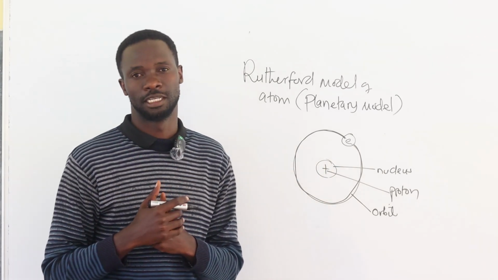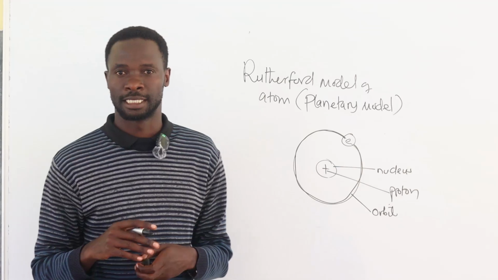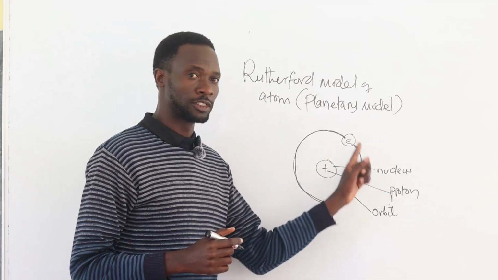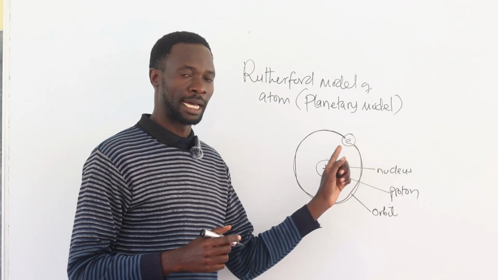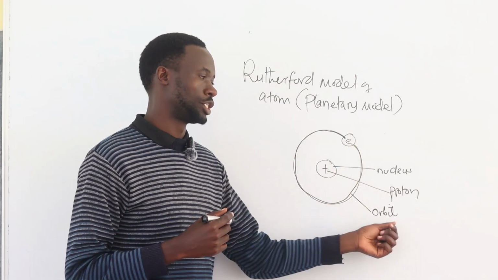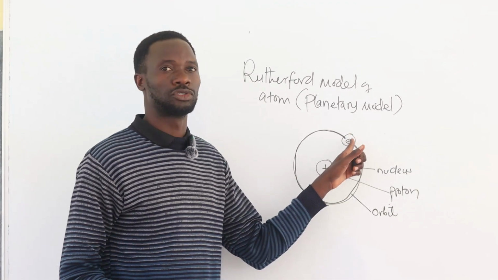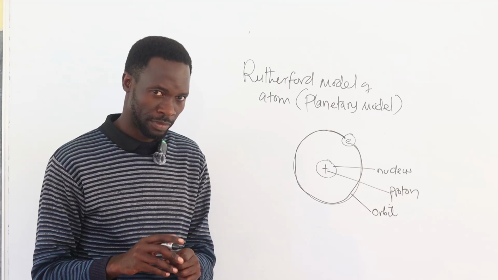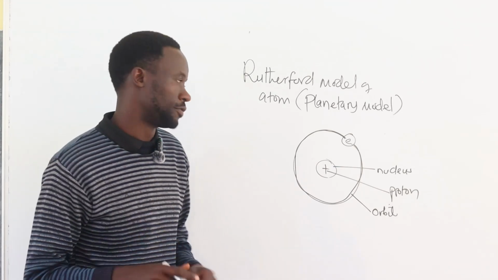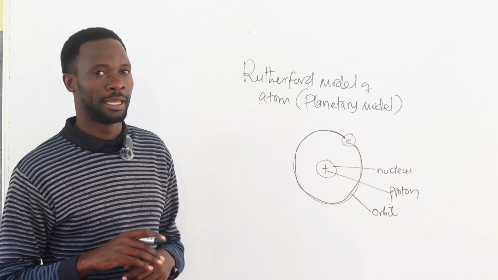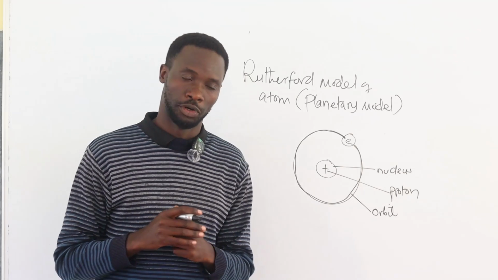Fourth, electrons revolve around the nucleus in a circular path called an orbit. And lastly, the mass of the electron is relatively smaller compared to the mass of the proton. Those are the five assumptions provided by the Rutherford model.